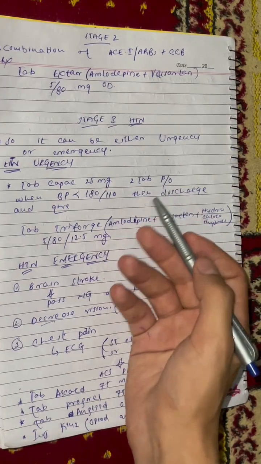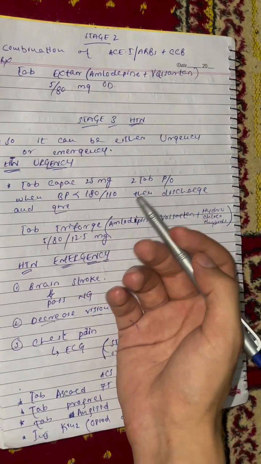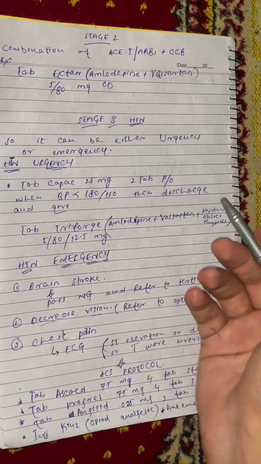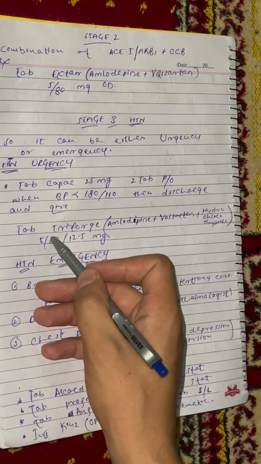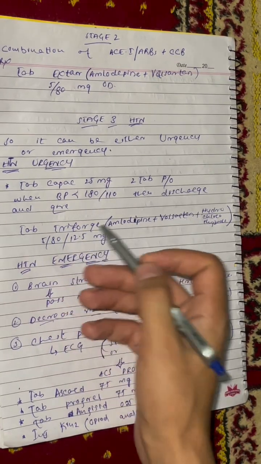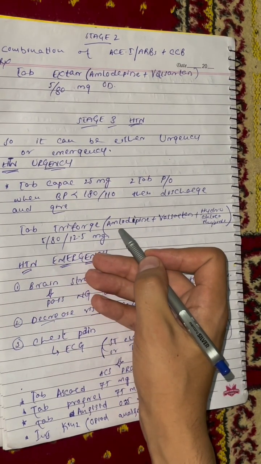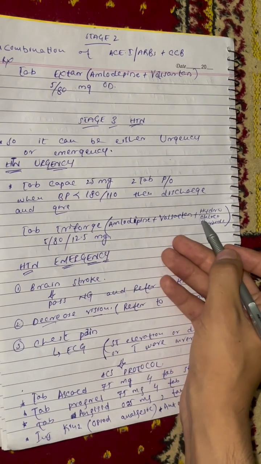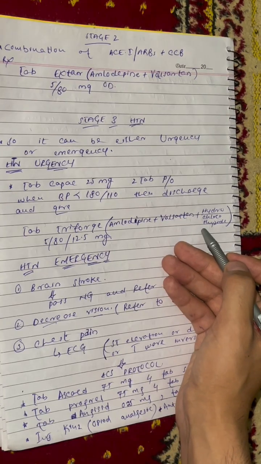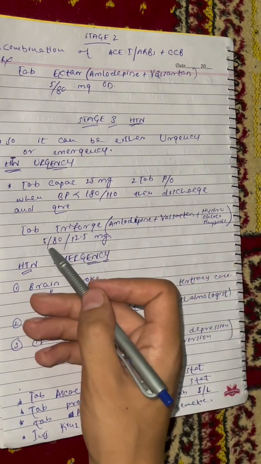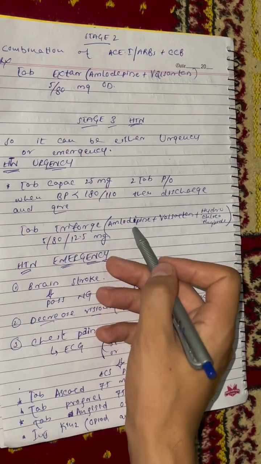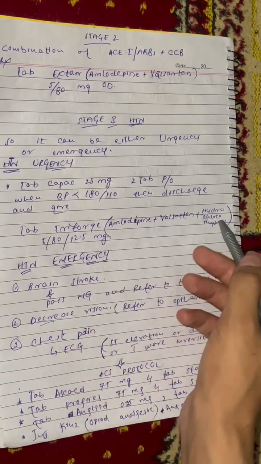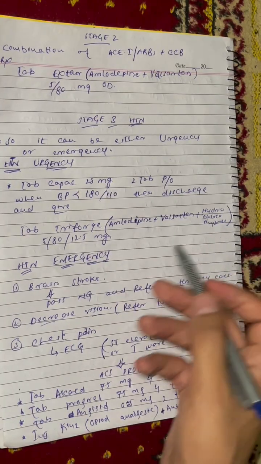And when the patient's BP comes to 110 over 110, then we will discharge the patient and give Tab Triforge, which basically consists of amlodipine, a calcium channel blocker, valsartan, an ARB, plus hydrochlorothiazide, which is a diuretic. That is 5 milligram of amlodipine, 80 milligram of valsartan, and 12.5 milligram of hydrochlorothiazide.